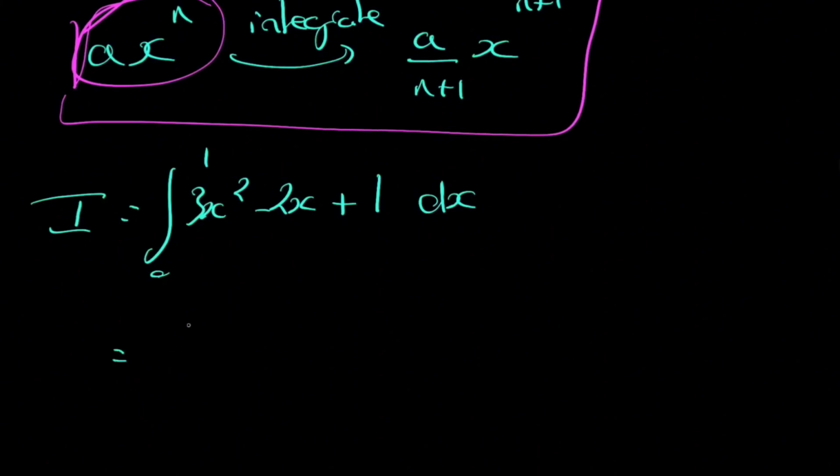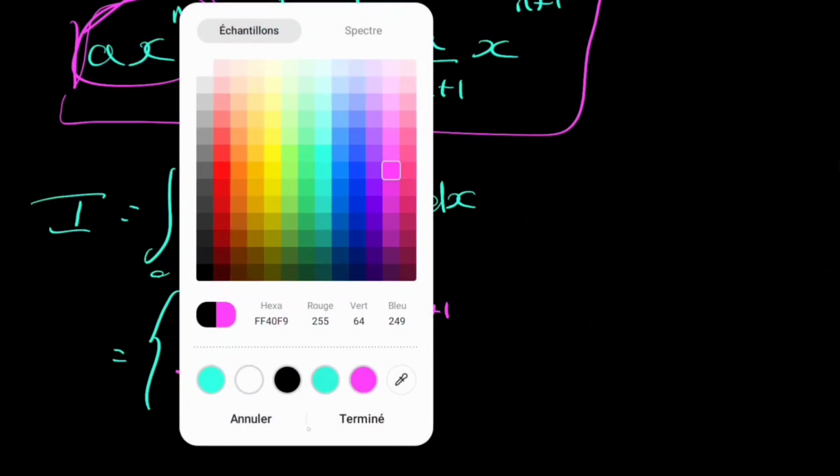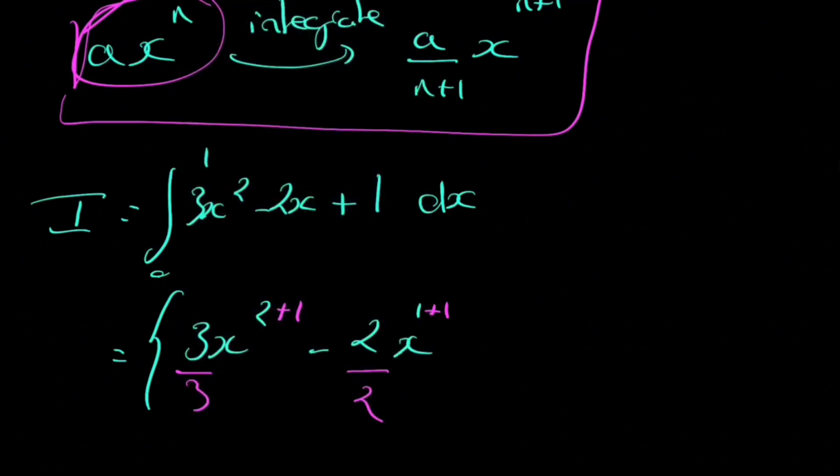That is equal to 3x to the 2 plus 1 power over 2 plus 1, minus 2x to the 1 plus 1 power over 1 plus 1, plus x to the 0 plus 1 power over 0 plus 1, taken between 0 and 1.